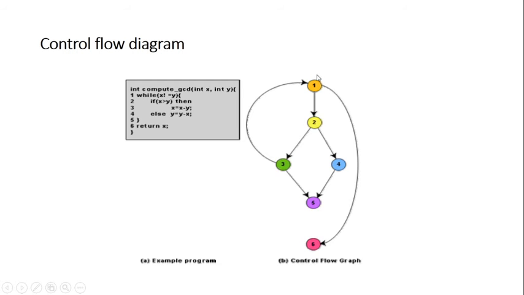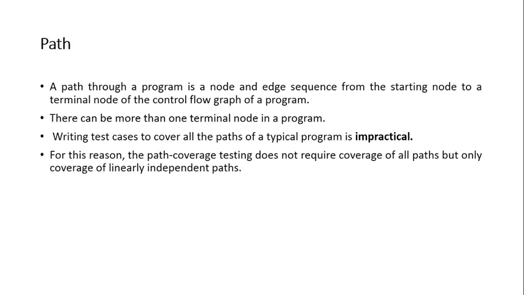Why? Maybe for 1 and 6, the while condition is never satisfied, so this keeps on repeating. Maybe 2 times, maybe 10 times, maybe 100 times, maybe 1000 times. It keeps on going, a cyclic order will be made, and a number of paths could be identified. So there is a problem with this. If the number of paths is infinite, then the number of test cases required to be designed is infinite.